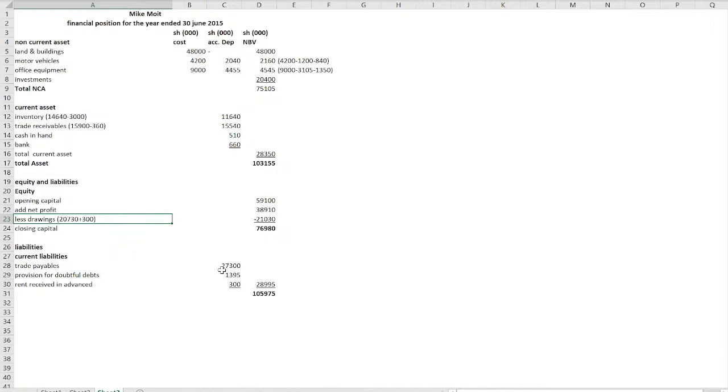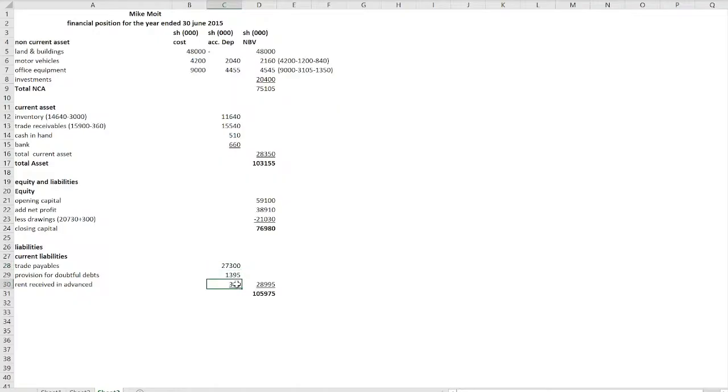So for the liability, we don't have long-term liabilities. So we go direct to the current. We have the trade payables. We have been given 27,300. We also have provision for debts, which we have 1,395. We also have the rent received in advance. So this one we are treating as unearned income, which we said it has to be on the liability side, on the current liability.